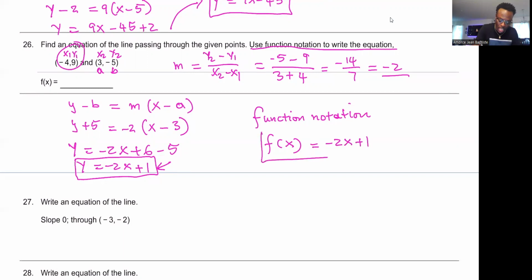So basically, you should replace the y equals by f of x or h of x or c of x or d of x, or anything of x equals, and then it's the same expression. Just give the function notation.